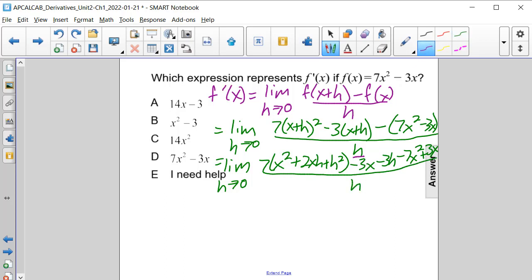And we can see that we have a minus 3x and a plus 3x, so they cancel out because they equal 0.